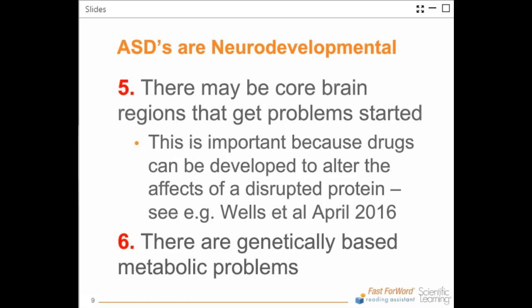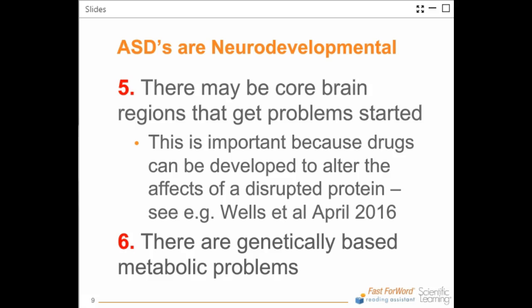Then fifth, there may be core regions that get the problem started, and this is very important from the standpoint of intervention. Let's say one of the genes they've found, and we'll talk about this, is a gene that in an infant causes problems with sleep and attention. And so the baby is prone to not sleeping well and having temper tantrums and other experiences that interfere with their ability to attend to what's important in the world around them, like their mother's voice and their mother's face and the language that's going on.